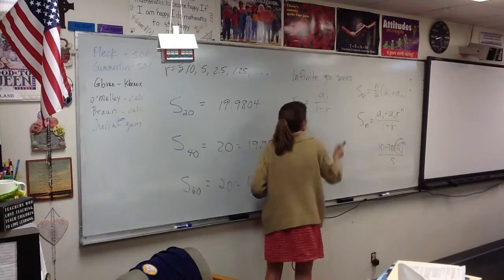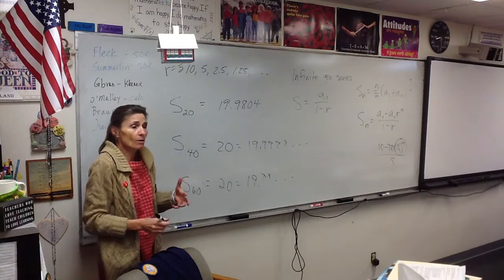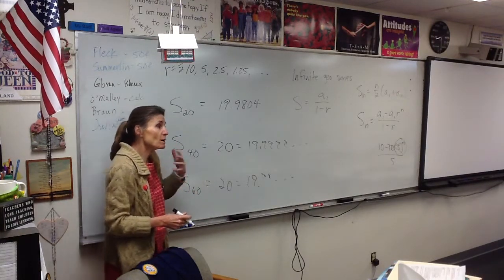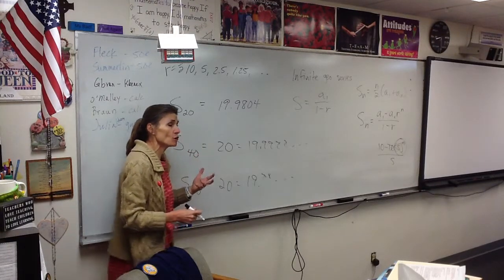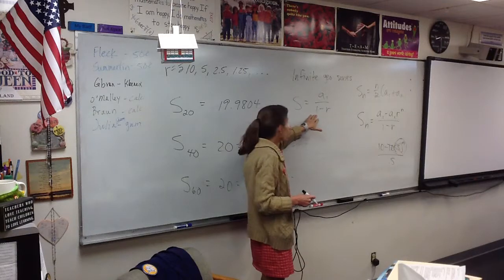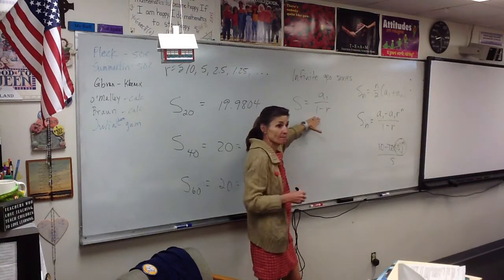You can actually add an infinite number of terms. That's kind of mind-boggling. But you can add an infinite number of terms with this formula. Notice there's no end because it's infinite.